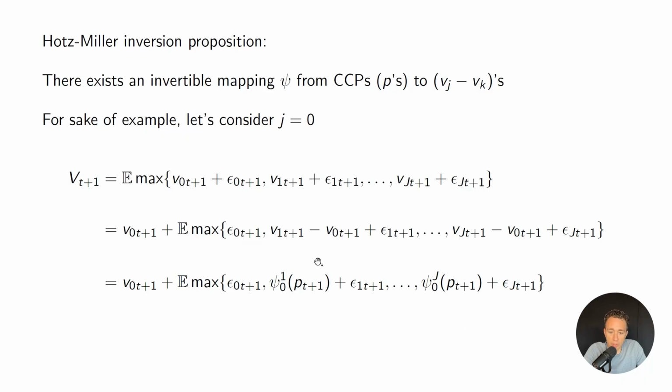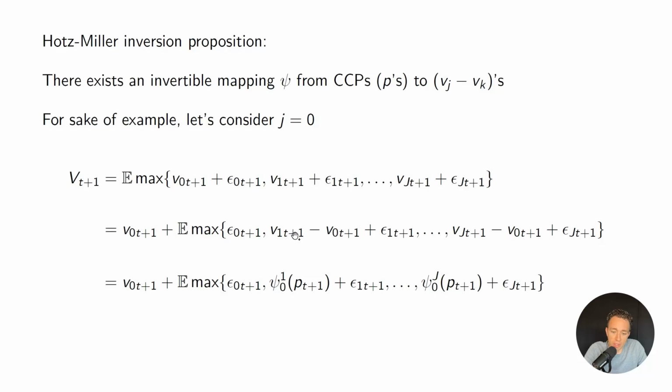Then we can replace these difference conditional value functions with their appropriate psi functions. And in particular, these might be a function of all the choice probabilities. So we're not subscripting the p's, but the associated probabilities that they're a function of are indicated with the superscript and the subscript on the psi function, like I introduced earlier.